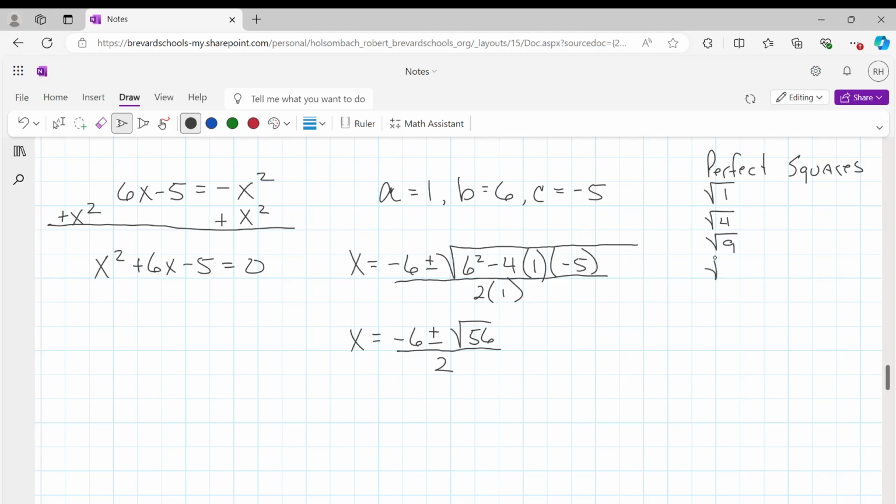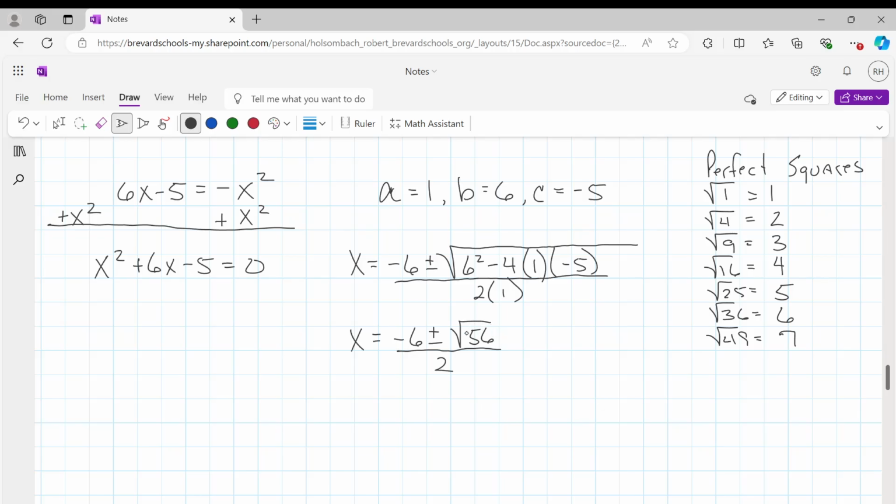Square root of 9, 16, 25. All right, the square root of 1 is equal to 1. The square root of 4 is equal to 2. I'm sure this is review for everyone. All right, the list just continues.